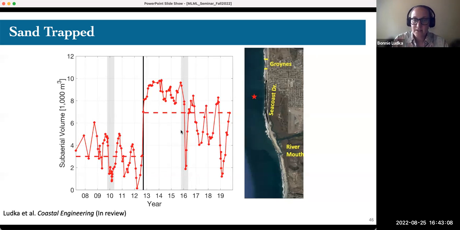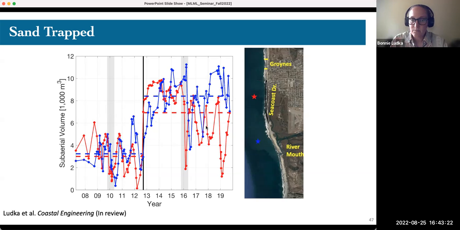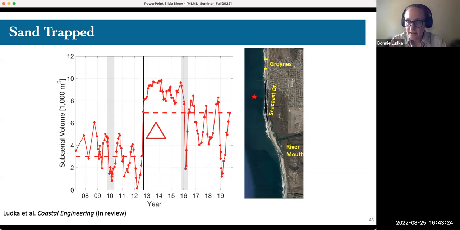And you can see that there is a jump in the time series after nourishment. And if we look at the change between the average sand volume before and after nourishment, we didn't plot it, but we see that it's a positive jump before and after nourishment.